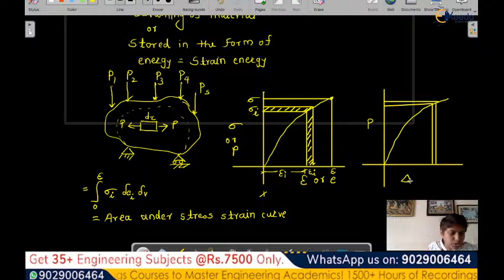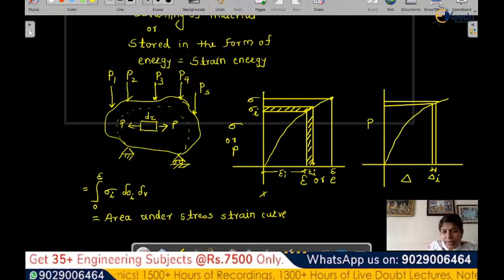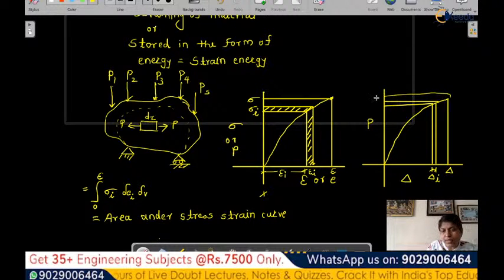There is some change in length, delta I, and the complete final deflection is delta, and the total load carrying capacity is P.